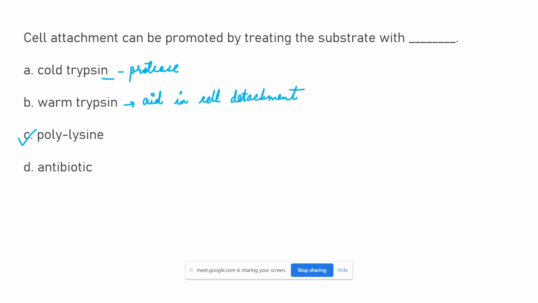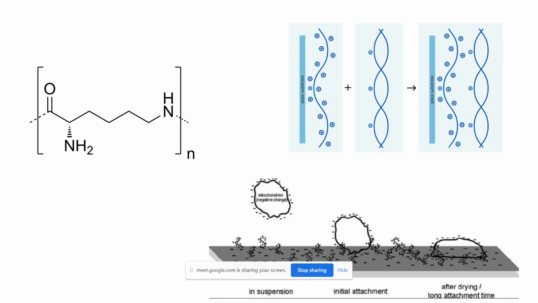For this question, cell attachment is promoted by treating the substrate with polylysine. Polylysine is a synthetic polymer. This is the basic diagram of how polylysine looks, and this N can be the number of units that are going to be repeated.